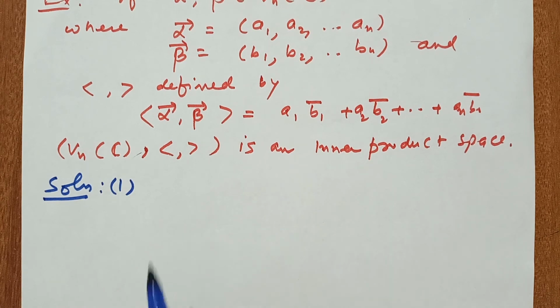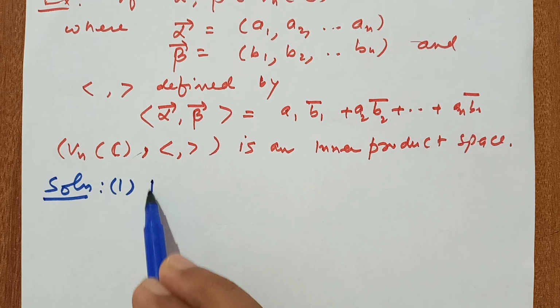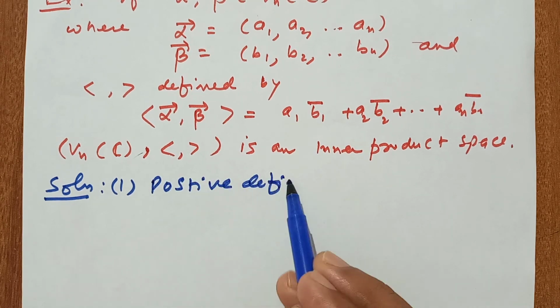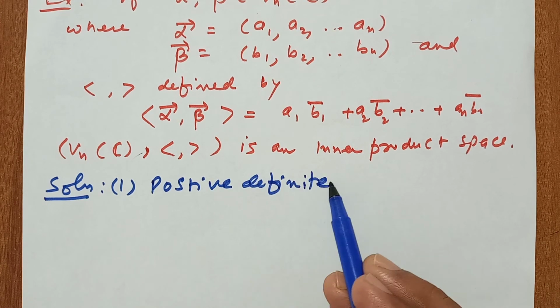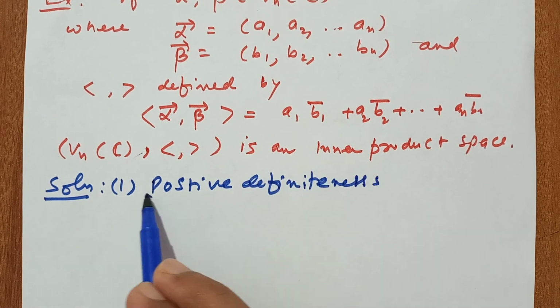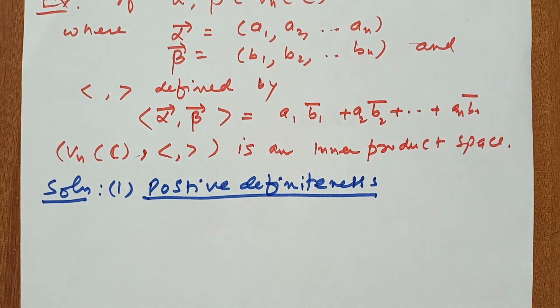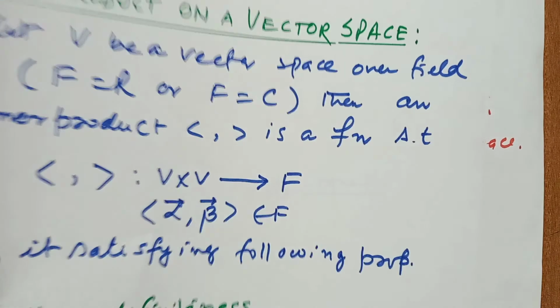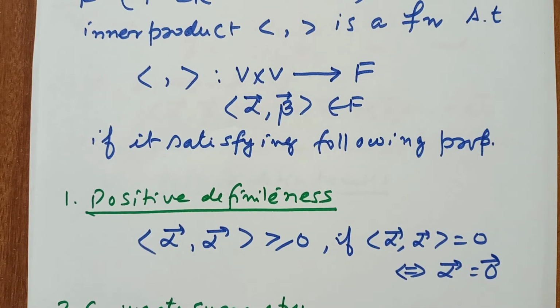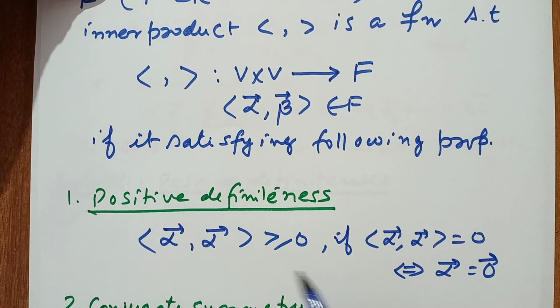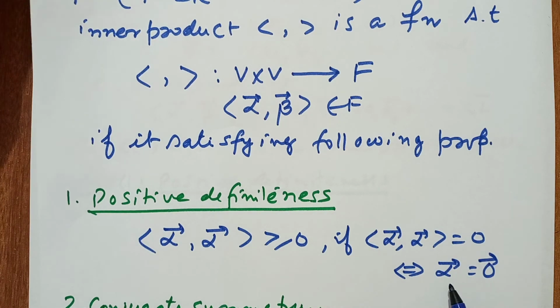So first is the positive definiteness property. What is positive definiteness? It means inner product of alpha, alpha is greater than or equal to 0, and if inner product of alpha, alpha equals 0, then alpha equals 0.